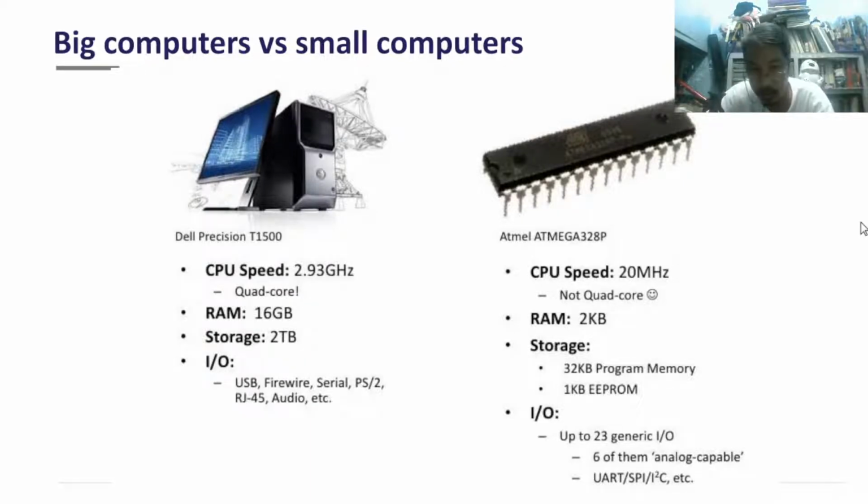There are so many IOs. But for the Arduino, we only have up to 23 generic IO, 6 of them analog, UART, SPI, and the like.